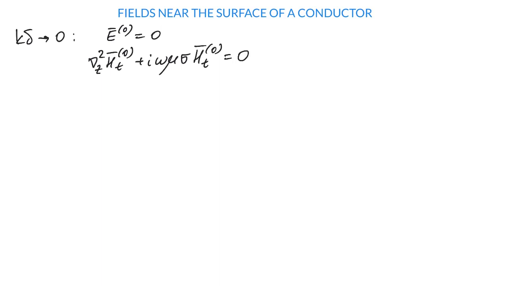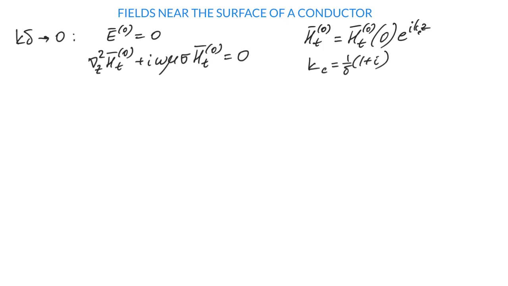The solution of this equation gives us H_t⁰, the 0th order component in the parameter kδ, which goes as some value at the surface, let's call the argument 0, set z to 0, distance from the surface, times e^(ikz), where k is the wave vector in the conductor, and that's 1 over δ times (1 + i).